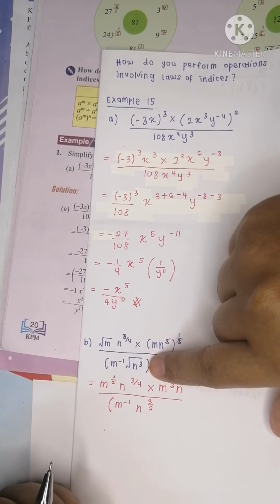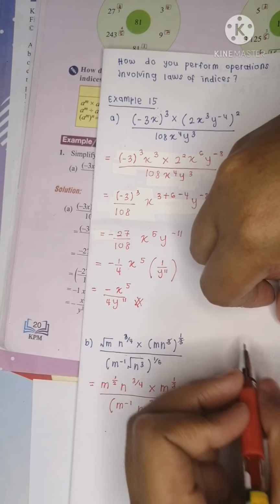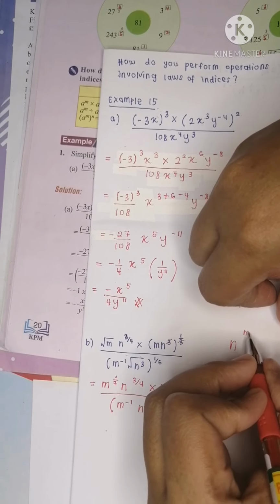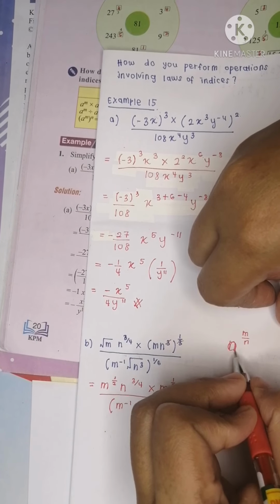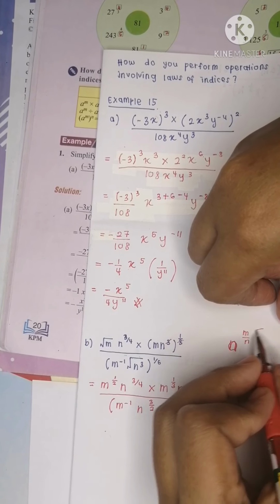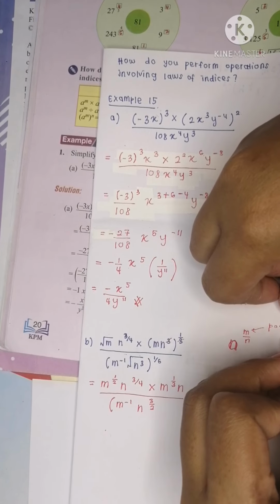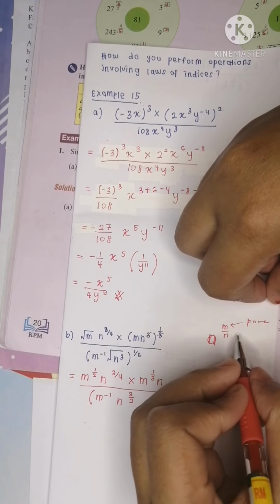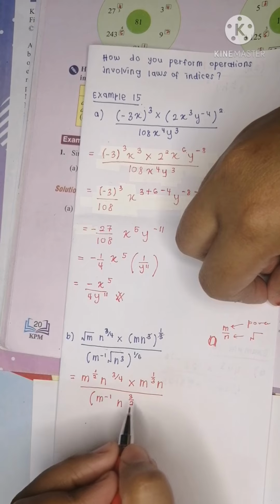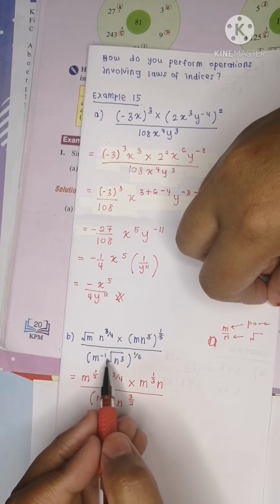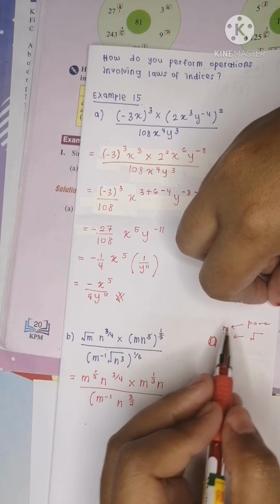Remember I told you before, m over n, m is the power, and then this one is the root. So look at here, this is a square root, right? So that's why 1 over 2, and the power is 3.